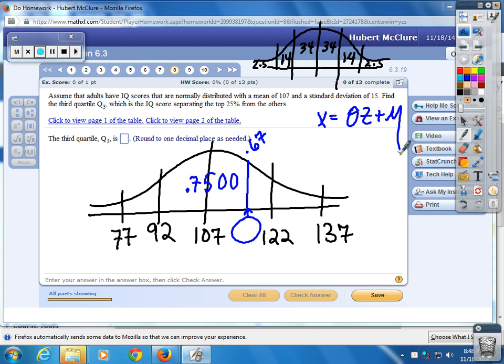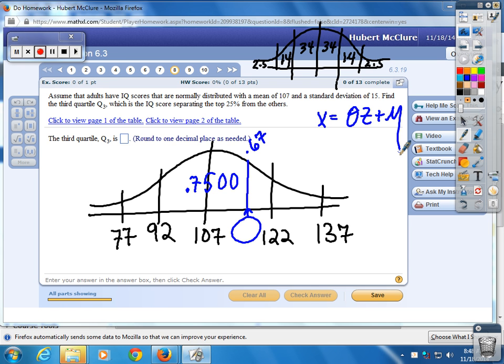Find the closest number to 0.7500 in the body of the table. Now, go ahead and use your calculators. Do inverse norm and punch in 0.7500 and hit enter. See what you get.